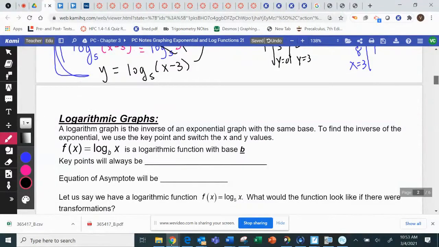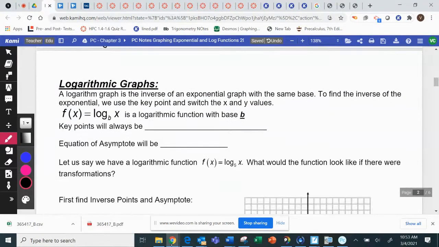Okay, so logarithmic graphs. If we have a logarithmic function, our base is b. The key points are going to be backwards of what they were for the exponential.